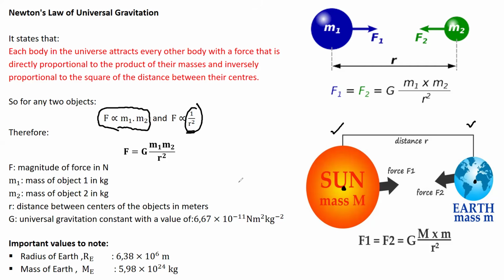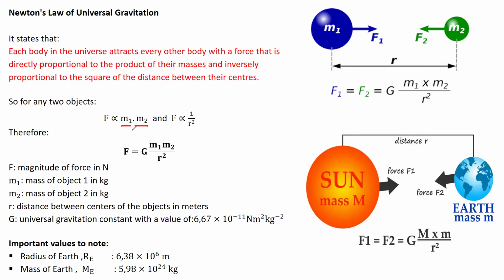And the reason why, let me just explain further. Remember I said to you, in your family right now, whoever you're next to, they exert a force on you. The reason why that force is not significant, why you're not pulled anywhere by the presence of someone close to you, is because your masses are very small.